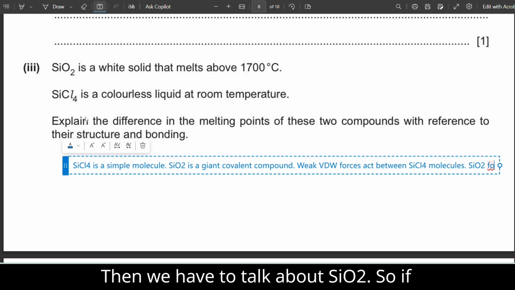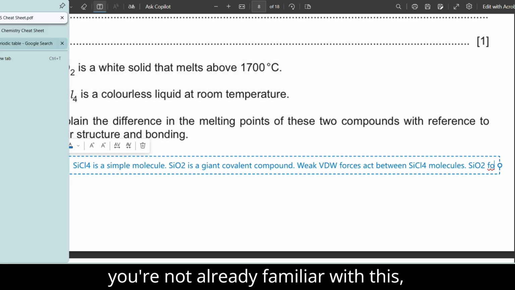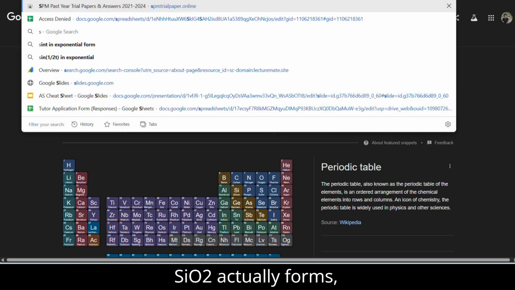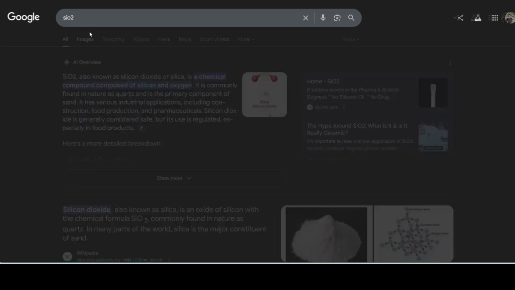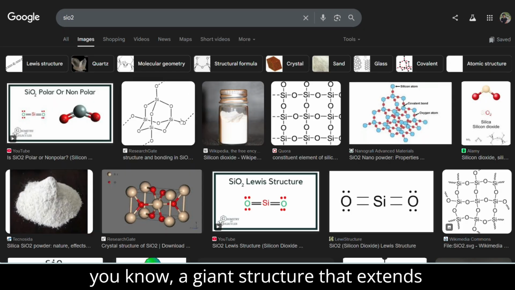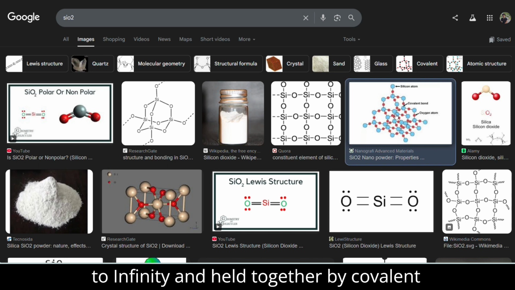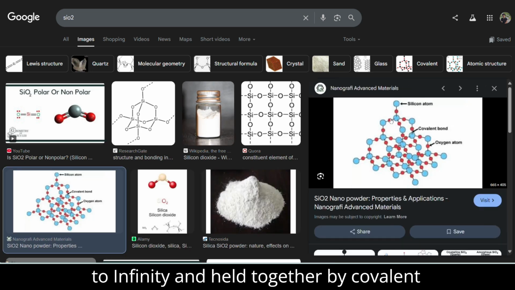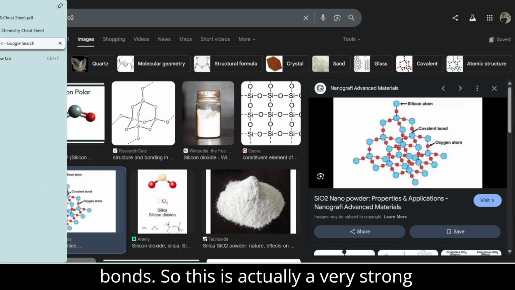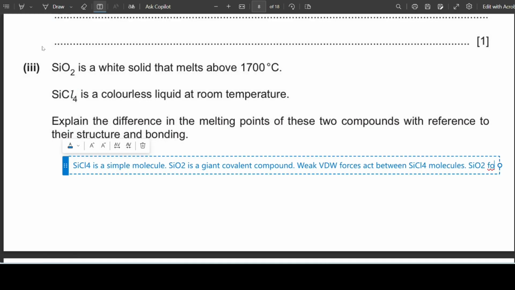Then we have to talk about SiO2. If you're not already familiar with this, SiO2 forms a giant structure that extends to infinity and is held together by covalent bonds. So this is a very strong structure.